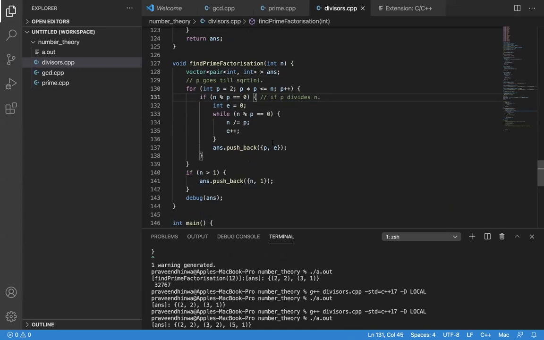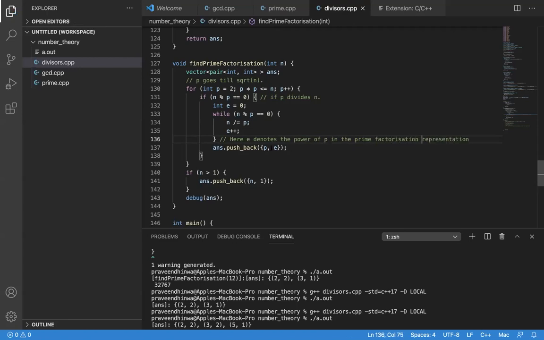Here e denotes the power of p in the prime representation of n, in the prime factorization.